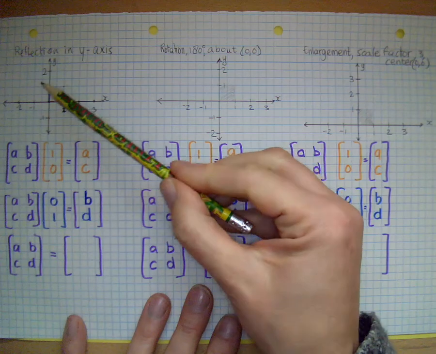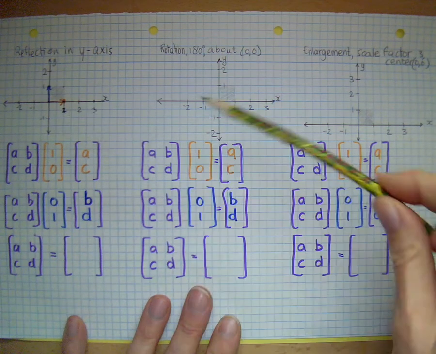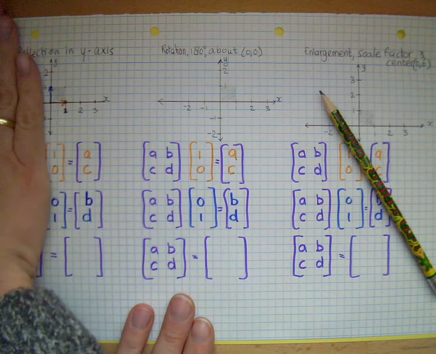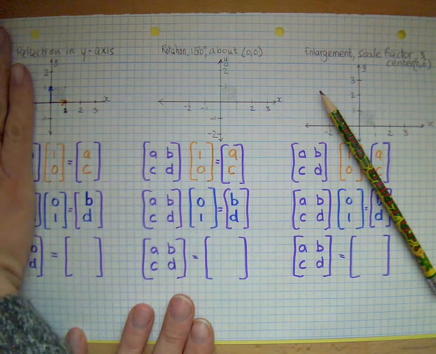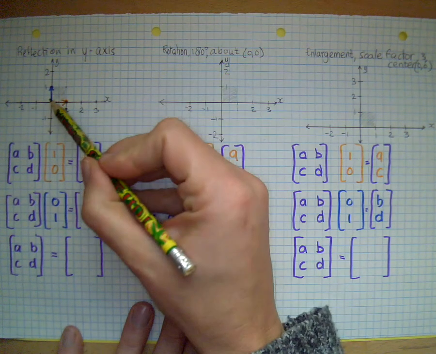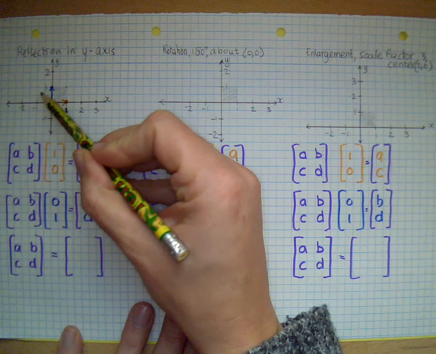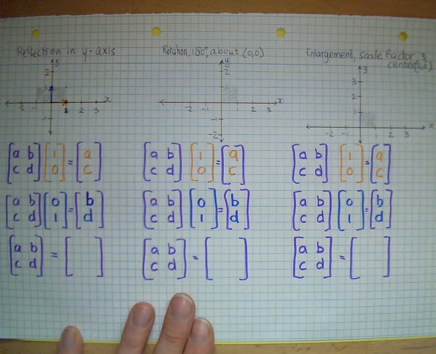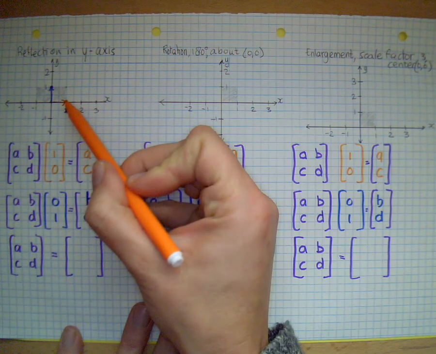Okay, and because we have this graph, we can imagine what it's going to look like, right? Reflecting in the y-axis is doing this, flipping it over the y-axis. And I can draw what that would look like. It would be a little square, but it would be on this side, right? Now just watch where our orange point has moved to.